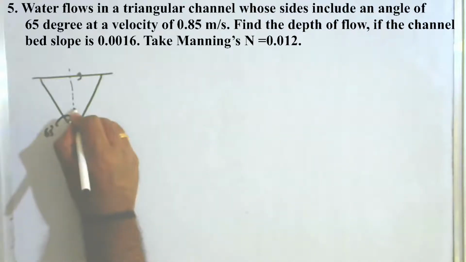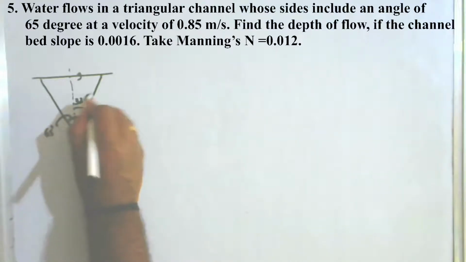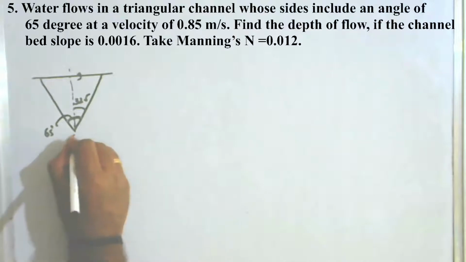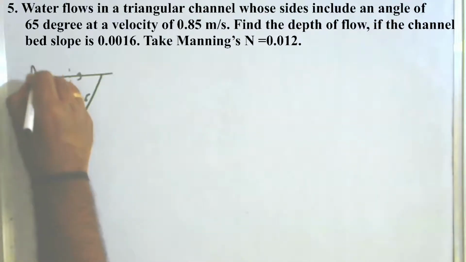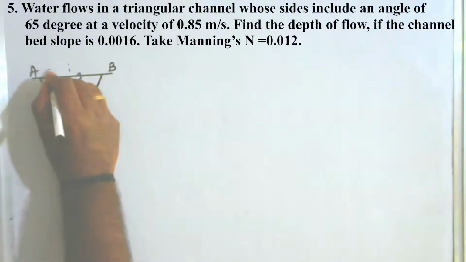So each subtended angle is 65 by 2, that is 32.5, is the each subtended angle of the triangle. So let me take this triangle, this as O, this as A, this as B. So I take this each distance as X here.